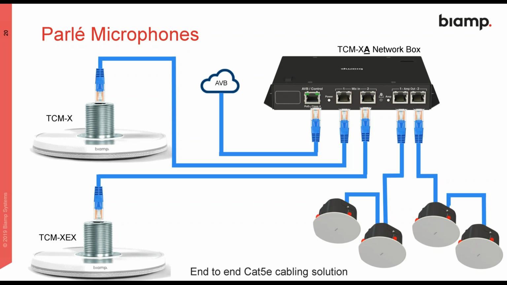And we can achieve that putting just 1 cable into the ceiling from the PoE plus switch or a Tessera Forte using a PoE plus injector. And that single cable going into the ceiling will bring control, audio streams, and power to the mics and the speakers.